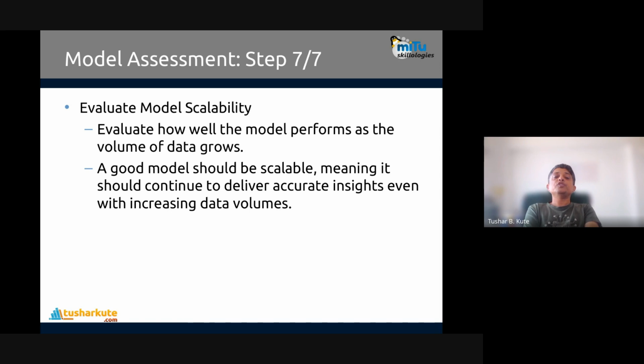A good model should be scalable, meaning it should continue to deliver accurate insights even with increasing data volumes. If data size is growing, the results should still be just as accurate. That's step number 7.